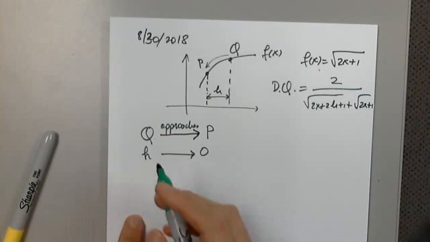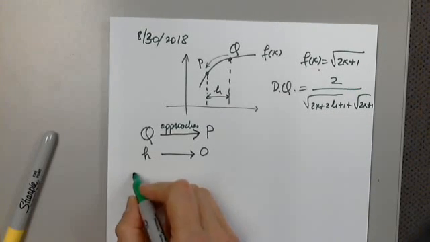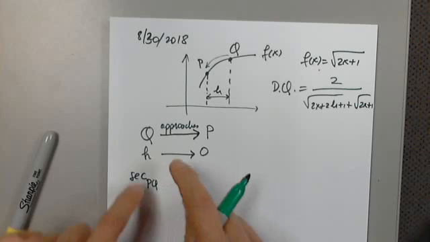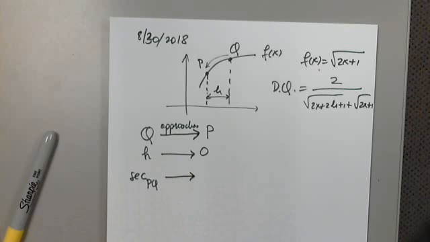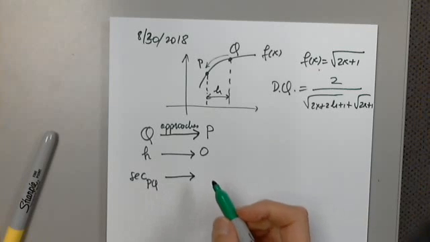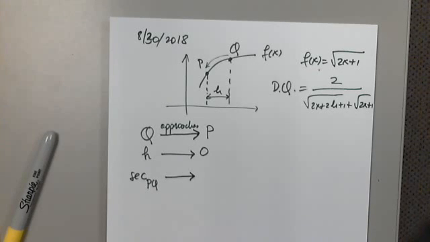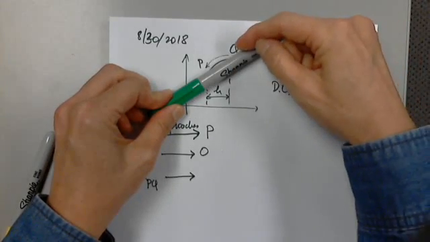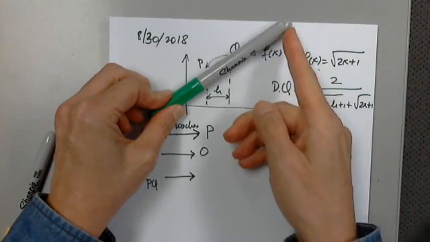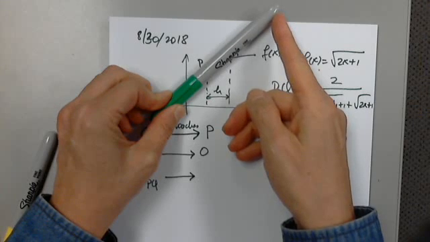Can I say now that the secant line PQ, if I do all this, gets closer and closer or approaches what? Let's take a look. So this was the secant line. And as I bring Q closer and closer to P, this is what happens.